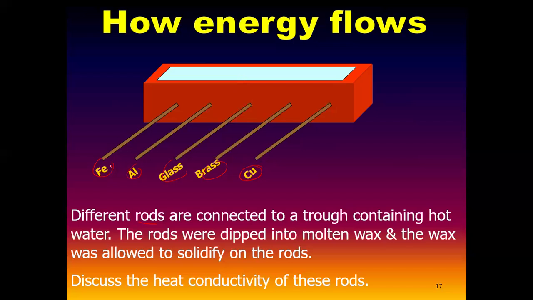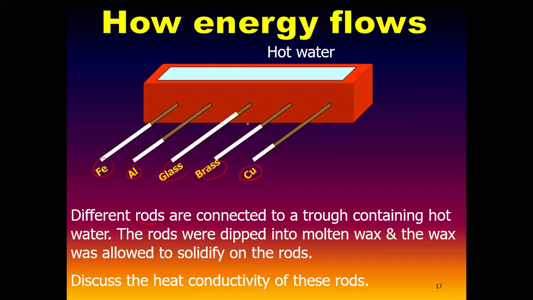Here we have different types of metals and materials. These are all rods, but the arrangements of their properties are definitely different. So one will feel hotter than the other, and another might not feel hot at all because it's not a good conductor of heat. That's how we can discuss the flow of energy.